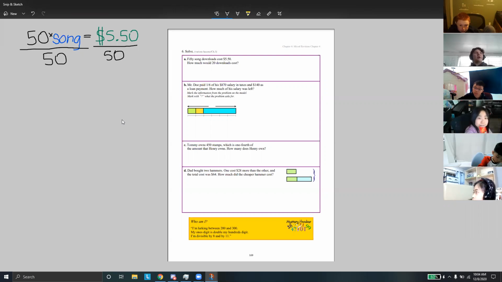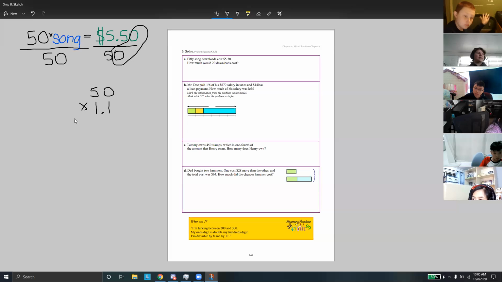Well, is the 0 going to go away? What do you guys think? Is this 0 going to go away? Well, I know the 5 is going to go in here once, right? And the 5 is going to go in here once. So let's go ahead and try it.